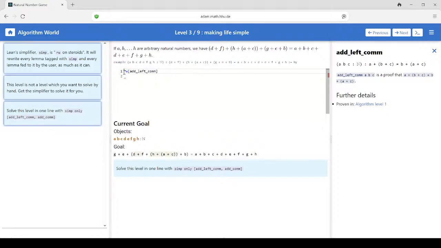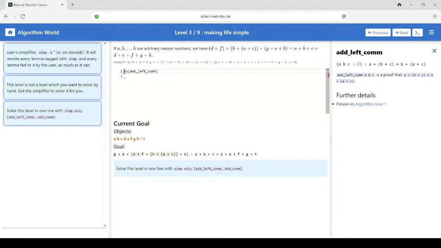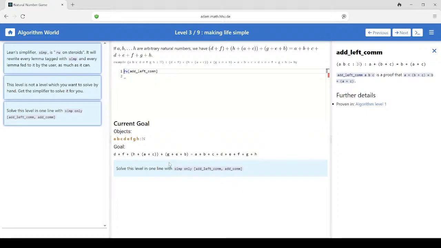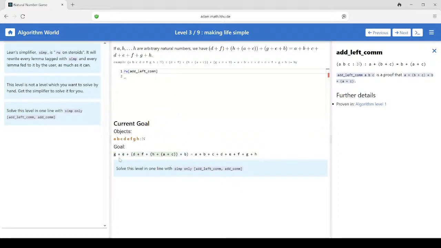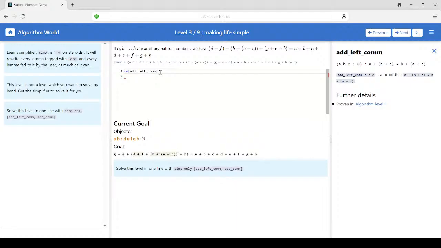So what did this do? All this did was, we have that g plus e plus b becomes g plus e plus d. What's going on?